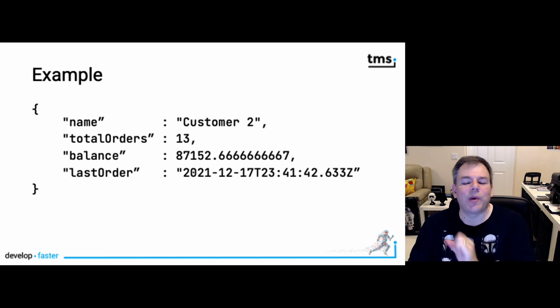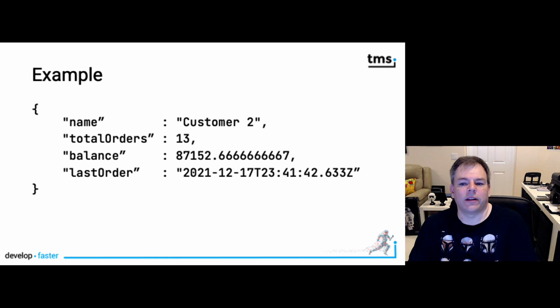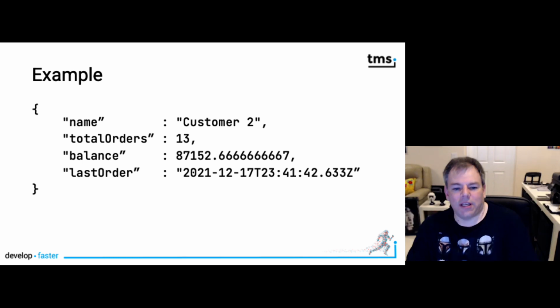And each of these pairs are referred to, even though JavaScript does not have properties, as either pairs or properties. So in this case, the property with the name has the value of type text, customer2. Total orders is a number, 13.